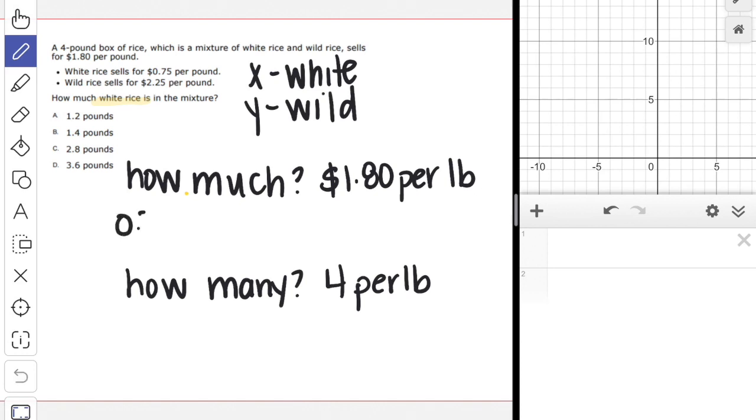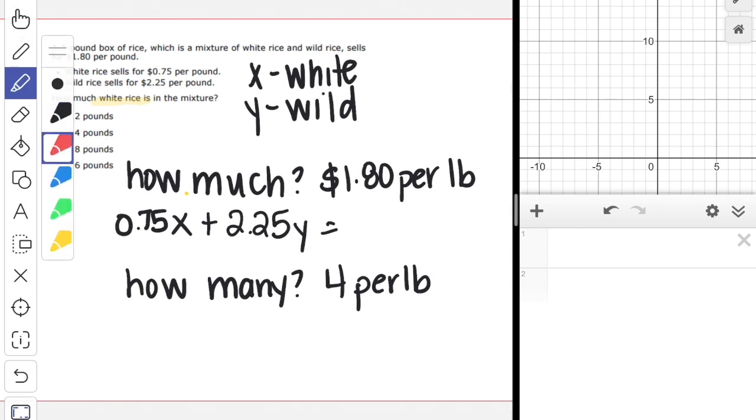So we're going to say white rice is 0.75 x, because we already said the x represents white. Then the wild rice is 2.25 per pound. But I'm not going to set it equal to $1.80, because $1.80 only represents 1 pound. We should be able to identify that it was $1.80, but it was $1.80 for a total of 4 pounds.